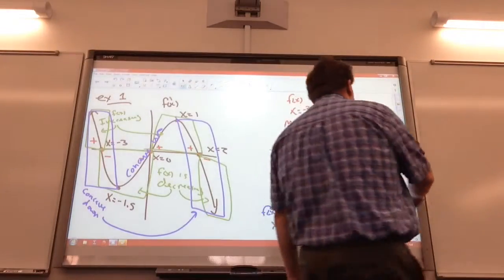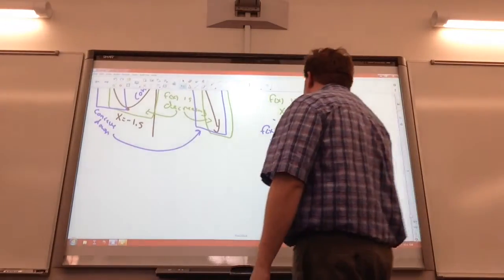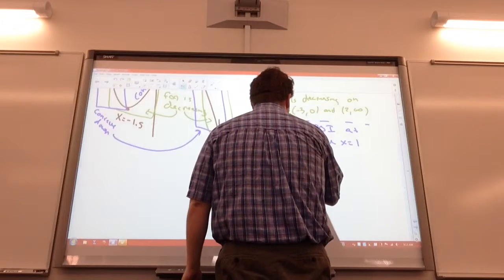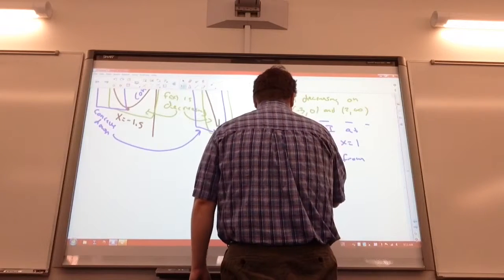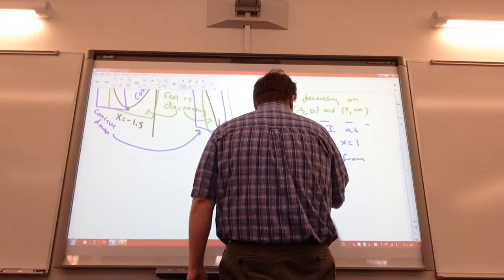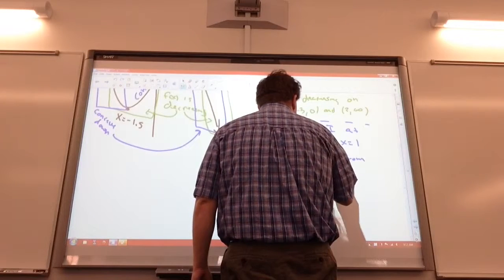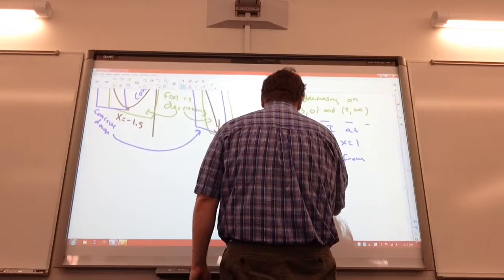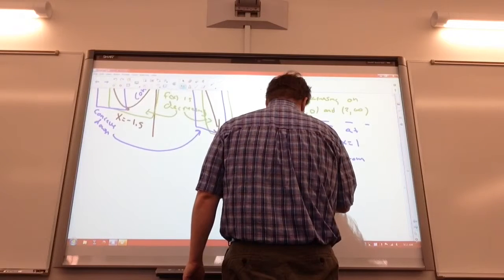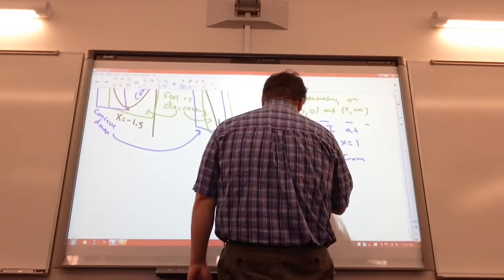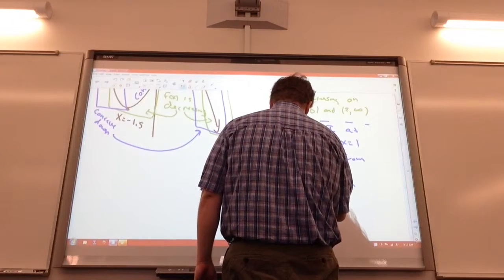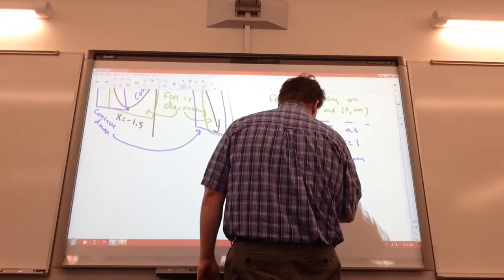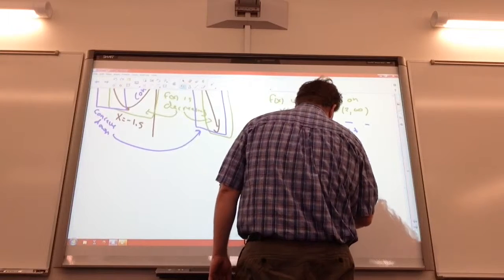So I can come through here and say I'm concave up, and concave down everywhere else. From 1 to positive infinity, right? Yeah, and from negative infinity to negative 1.5. Oh, so the concaves are from inflection to inflection. Yep.